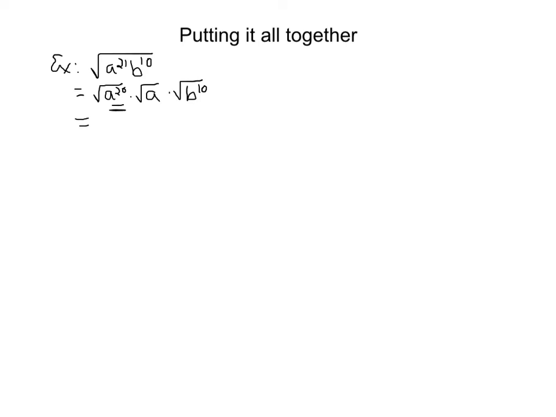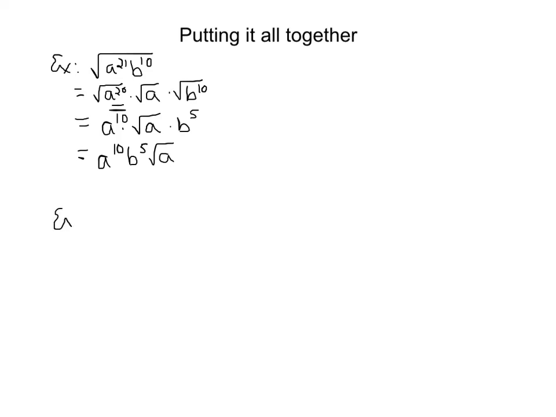There are 10 of them, so I can pull out 10 a's. I'm left with the square root of a, and then I also have 5 pairs of b's, so this will be b to the 5th. All right, let's rewrite that a little bit just so it looks a little bit nicer. This would become a to the 10th, b to the 5th, times the square root of a.